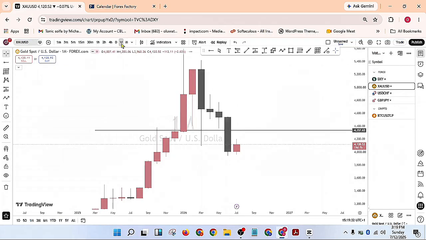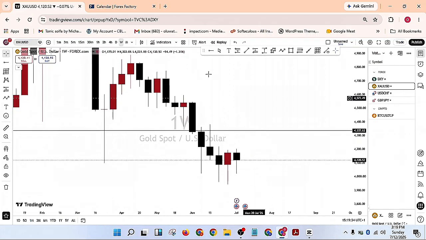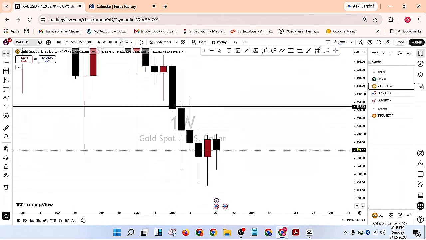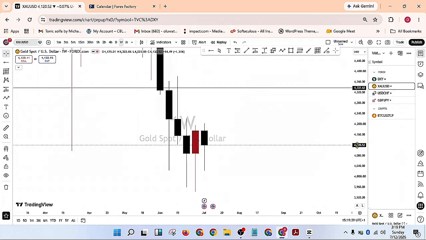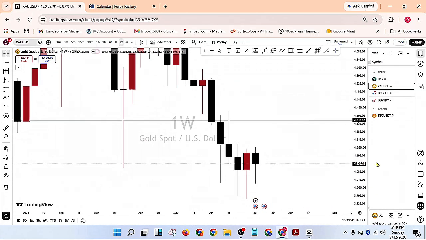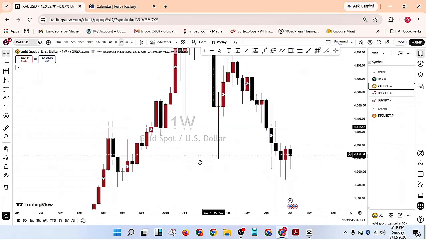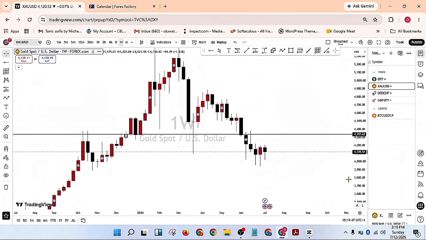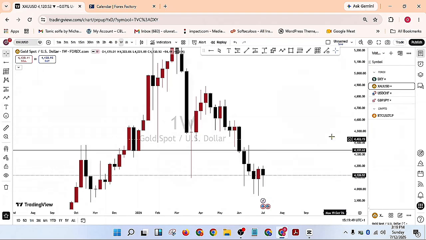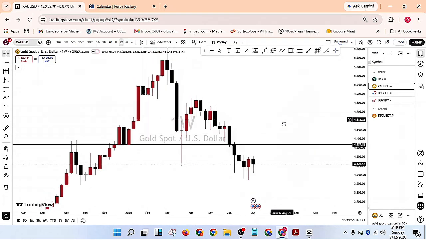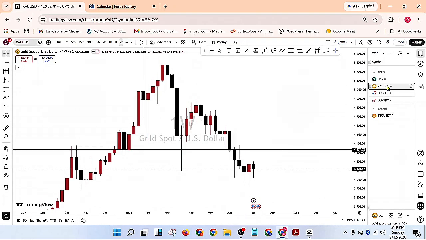If I go to weekly, let's study the weekly candlestick. The truth is that the major trend of gold is bearish because the major trend of DXY is bullish.